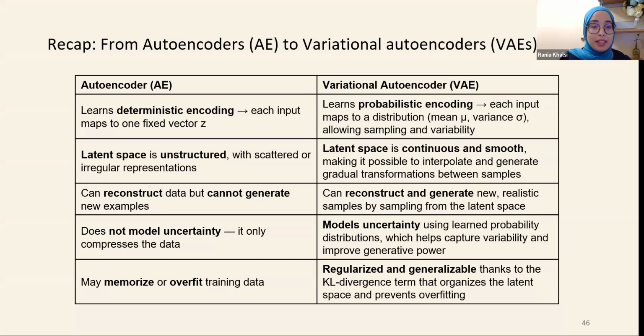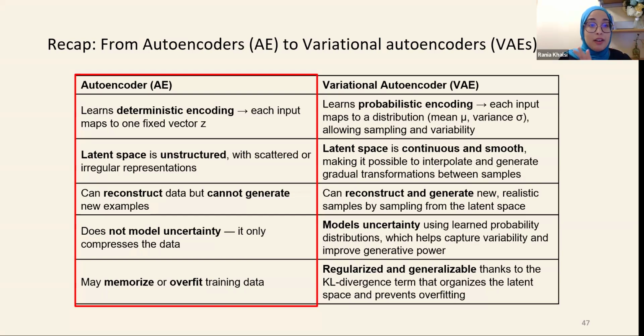On the right side, you have the autoencoder limitations: the deterministic encoding, the unstructured latent space with scattered or irregular representation, data that can be reconstructed but not generated. Autoencoders do not model uncertainty and may overfit or memorize training data.